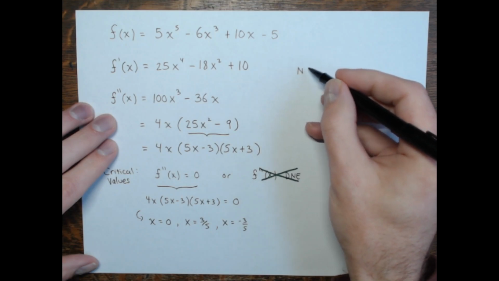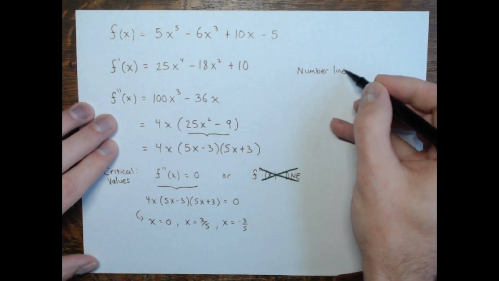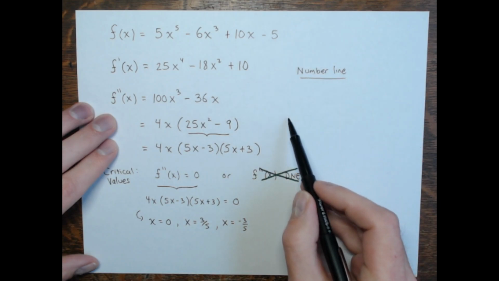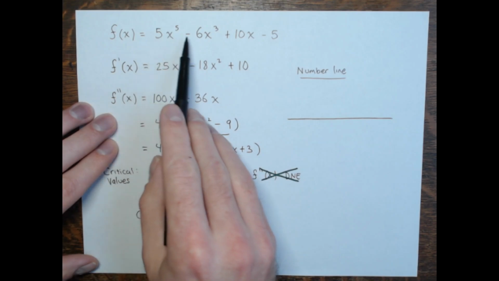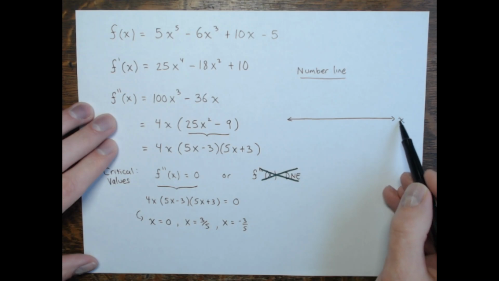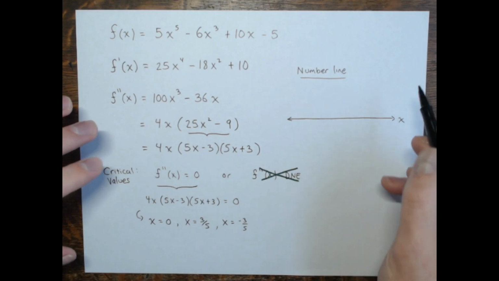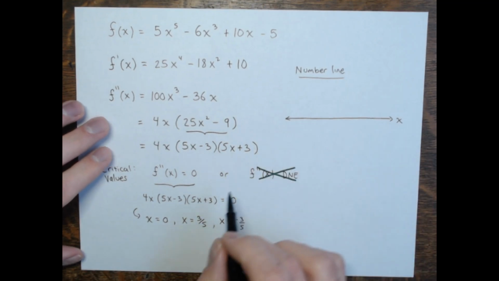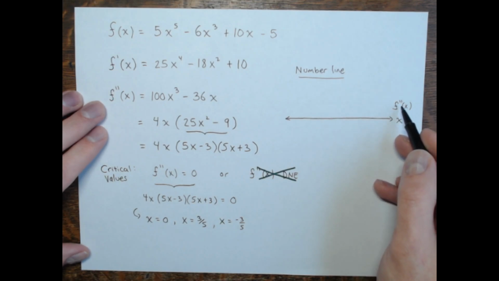So like with the first derivative, I'm going to make a number line here. Okay, so here's all the values in the domain of f. All right, now this is a polynomial function, so I can use any value of x I wish. So the domain's all real numbers, and then I'm going to see what happens to the value of the second derivative, right? So be careful to label these things, right? This is going to be a number line for the second derivative values of f double prime.